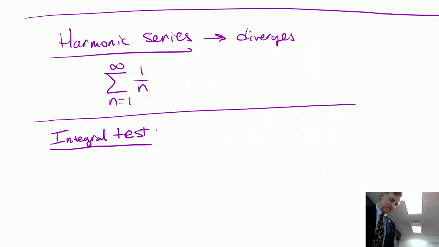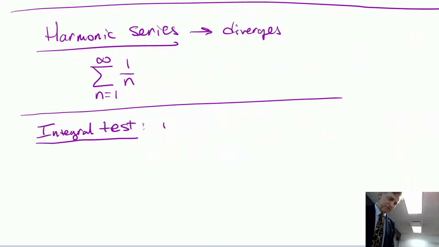So the integral test says this, that if a sub n is monotonic, why can't I write?